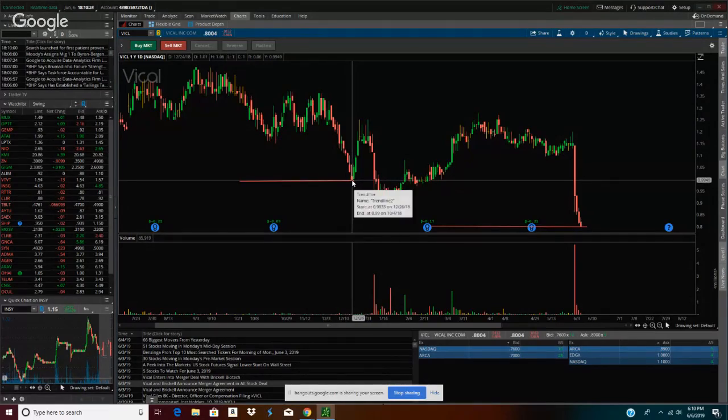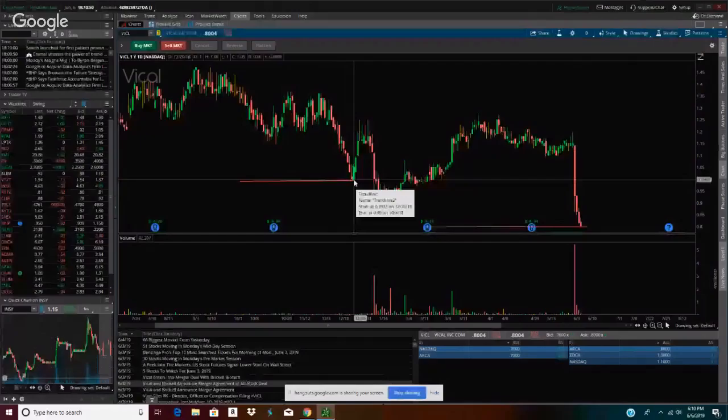So because the low on this day was $1, you want to take this trade 5 to 10 cents above $1. Or maybe you can get in on the low, if you can make it in on that low, because it opened at $1. This opened at $1, and that was the low for the day.